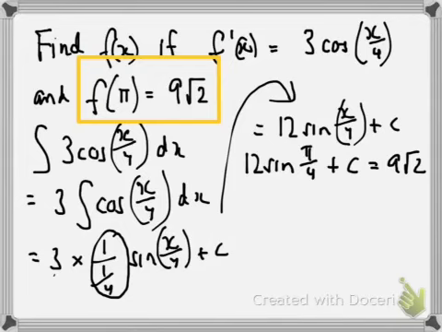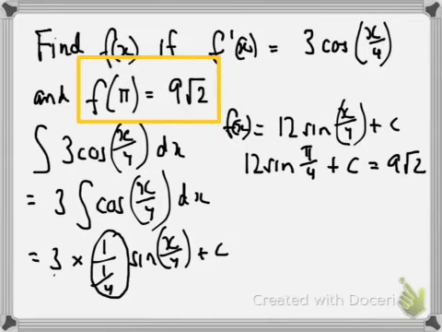You can see I've done what's in the yellow box there. Given that this is f of x, then f of pi is putting pi in for x, and that's what I've done there. And we know that f of pi is 9 root 2.